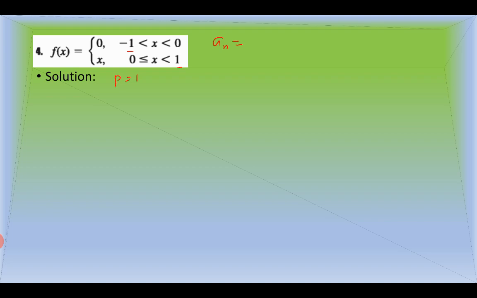So p is 1. an is 1 over 1 integration negative 1 to 1 f of x cosine n pi x over 1 dx. So what we get is, negative 1 to 0, it is 0. f of x is 0, everything will be 0.